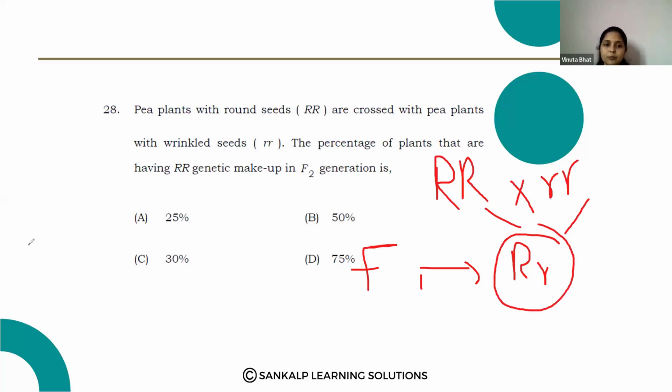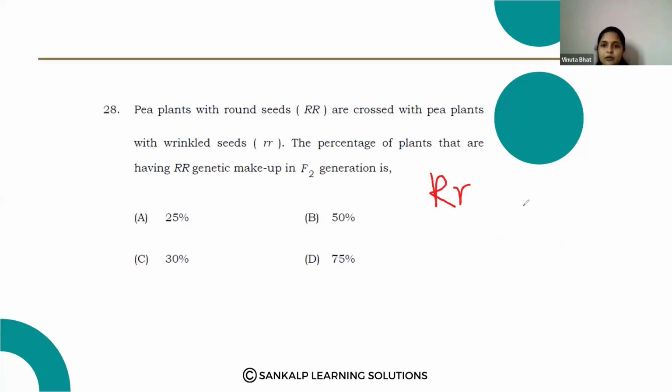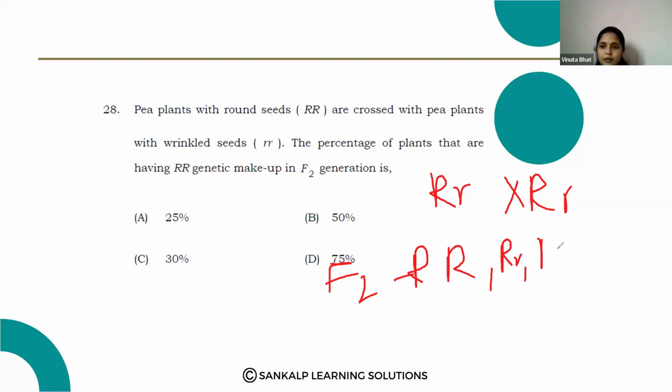So when these F1 plants are crossed, Rr crossed with capital R, small r. So here you will get the plants in the F2 generation, that is RR, Rr, Rr, and rr.